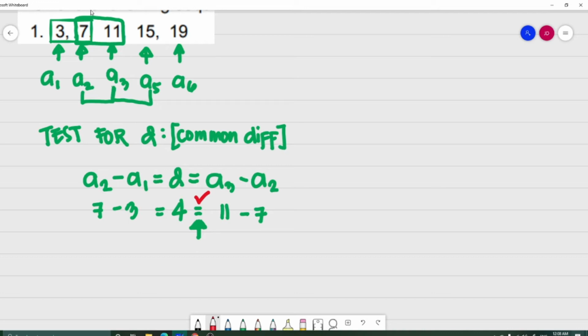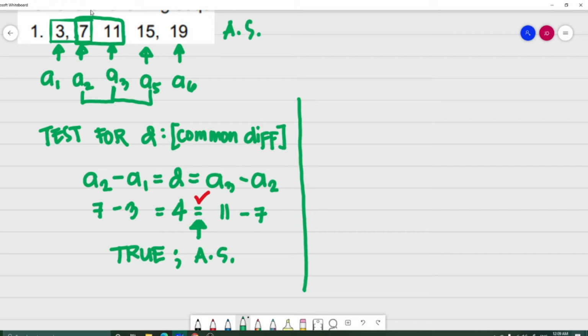So, unsa man ang imong konklusyon? So, equal man silang duha. Therefore, this statement is true. Okay? So, kay naaman siya common difference, therefore, it is arithmetic sequence. Okay. So, sure na ta nga kani nga given is arithmetic.